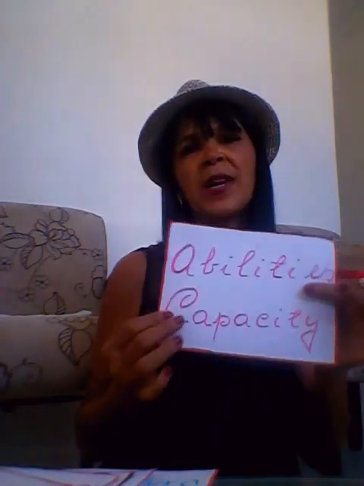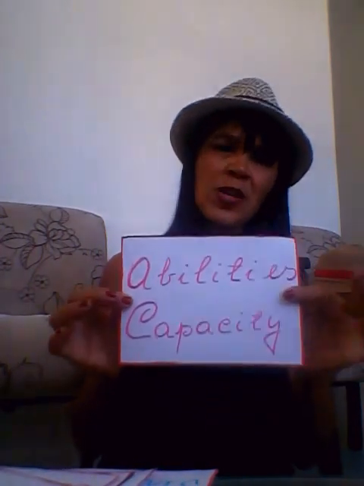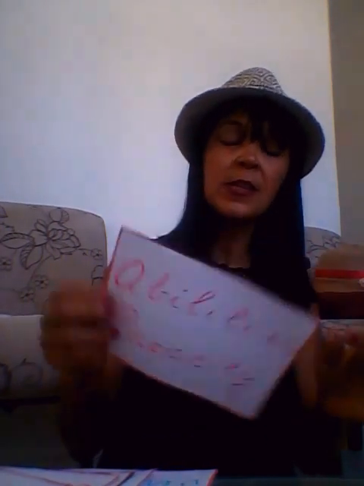Can you understand? So, people, we have the modal verbs can and can't when we want to express abilities, when we want to express capacities, in affirmative sentences and negative sentences. But what about questions? You ask, Nádia, can you make questions with can and can't?